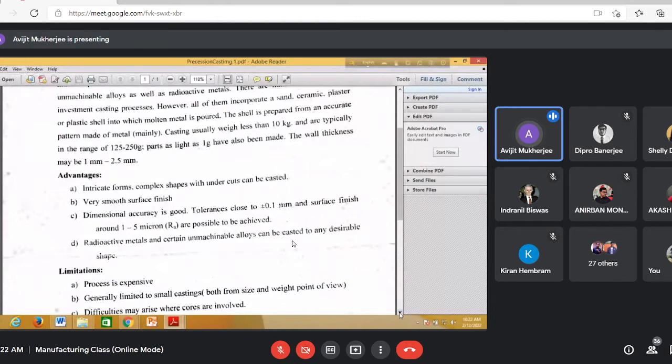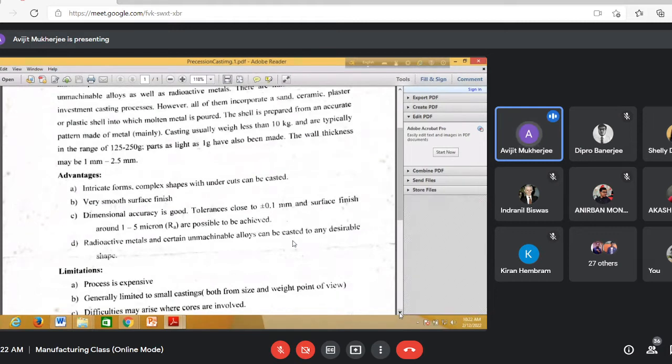So I must tolerate some upper deviation and lower deviation. So here tolerance may be close to plus minus 0.1 millimeter. And surface finish is given in terms of Ra, roughness, micron. So surface roughness may be 1 to 5 micron, is very small, very little, less.